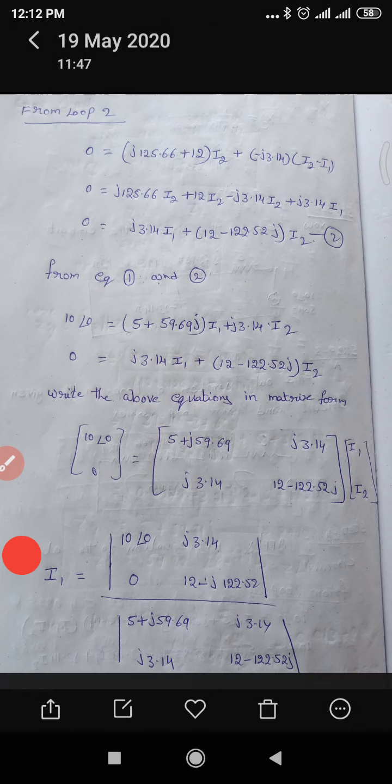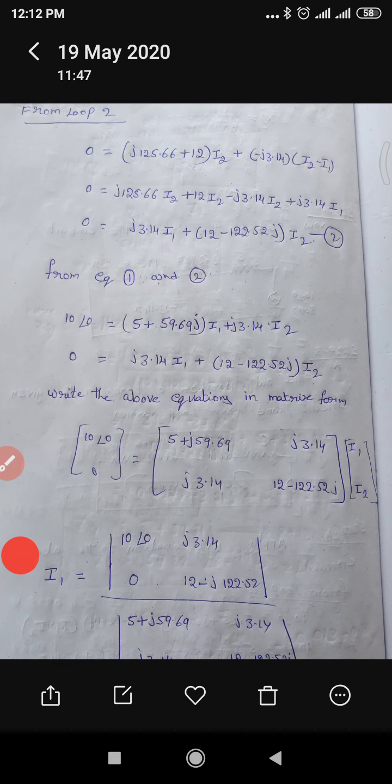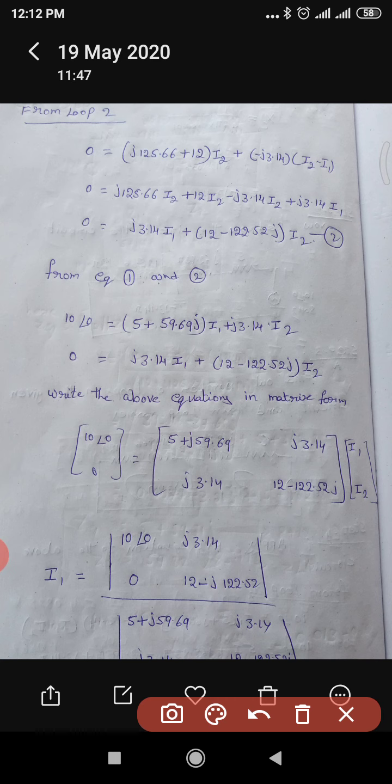So now we have to calculate the current I1. How can we calculate this current I1? By this method. Here I am replacing the column with 10 at an angle 0 and 0. I am removing this column and replacing it with this one.